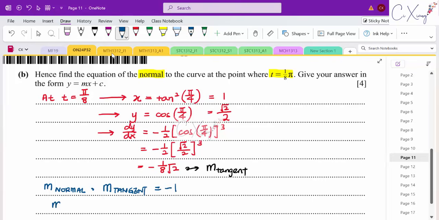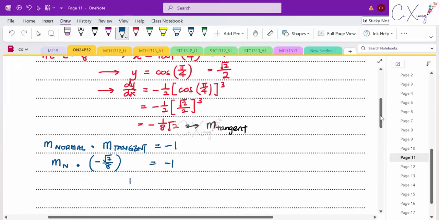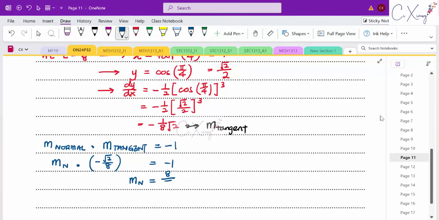The gradient of the tangent is negative root 2 over 8, so the gradient of the normal should be 8 over root 2. Then I have to rationalize it, because I don't like having the root in the denominator. Simplifying, I will have 4 root 2.